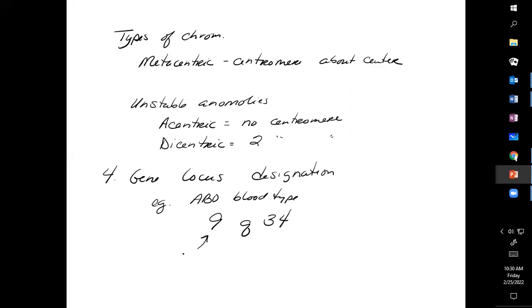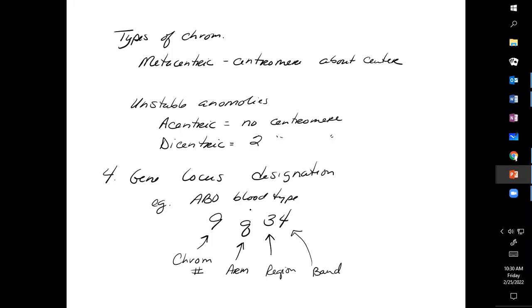So this is chromosome 9. The chromosome number comes first. The arm of the chromosome comes next. And then this is the region, and the band within the region.